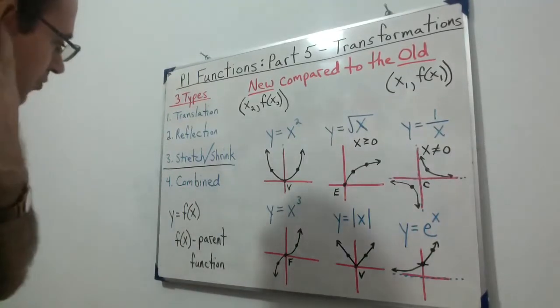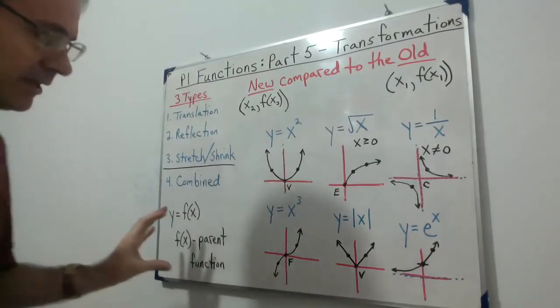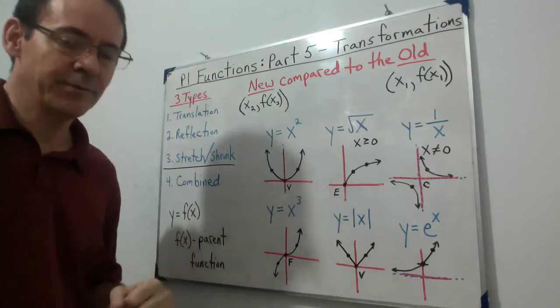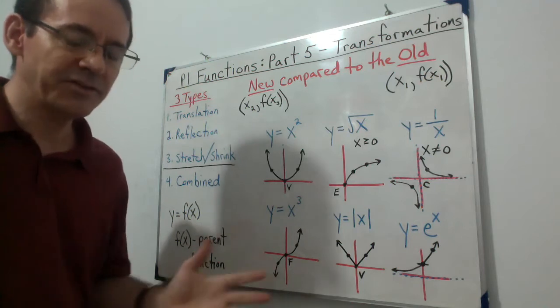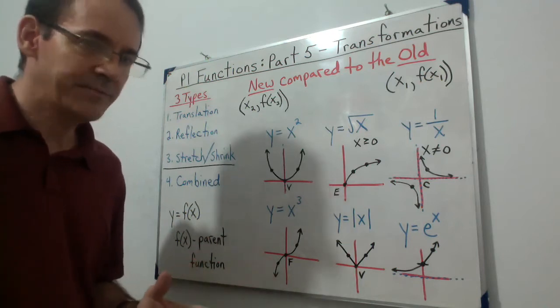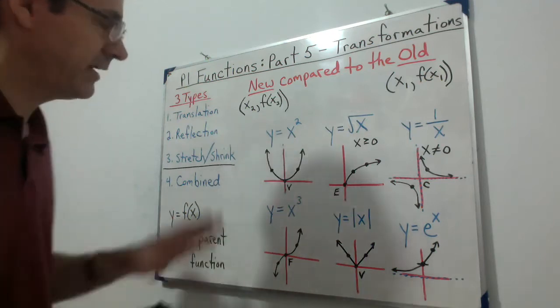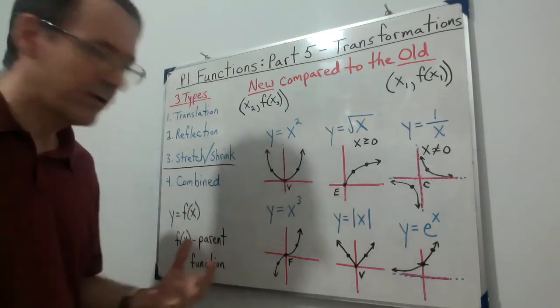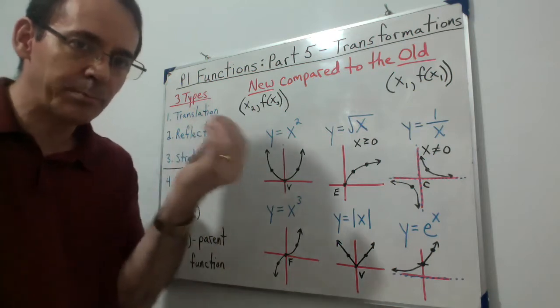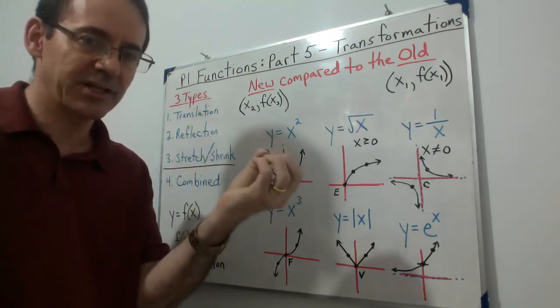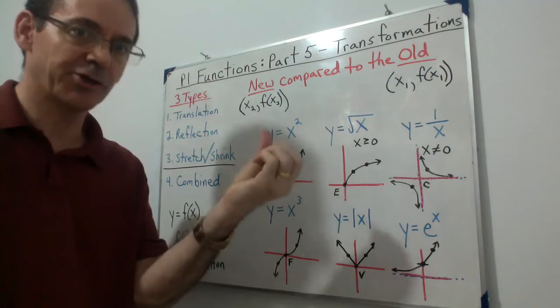What I'm going to do first is a little bit of review. Now, the curriculum that I used for IGCSE wasn't from Cambridge. It was a different curriculum, but it did cover what I call parent functions. A parent function is the most basic version of a particular function or graph type.